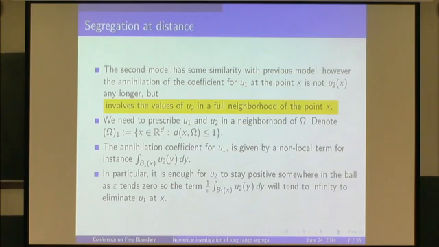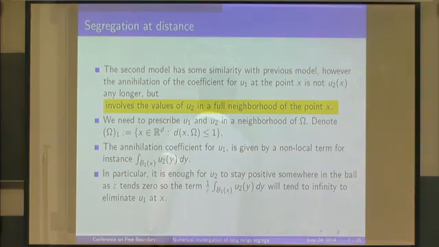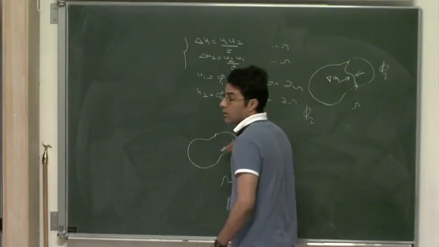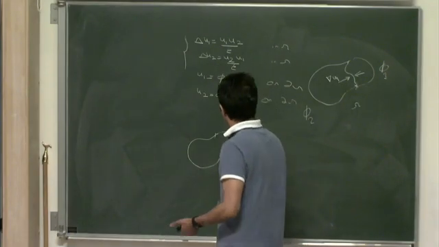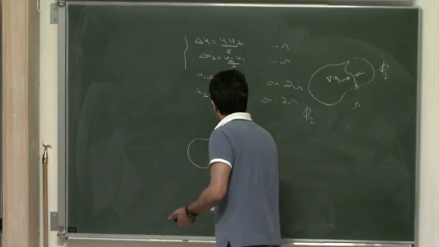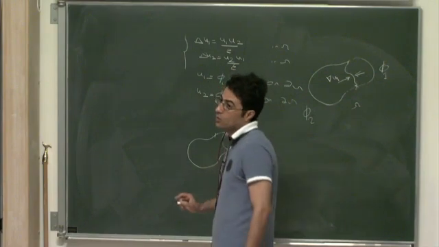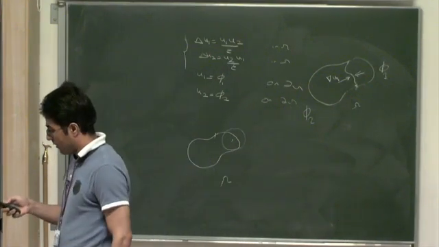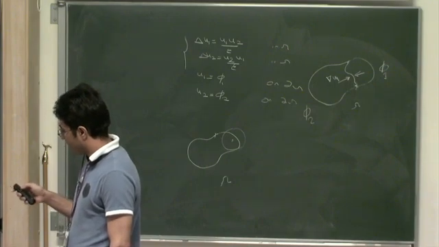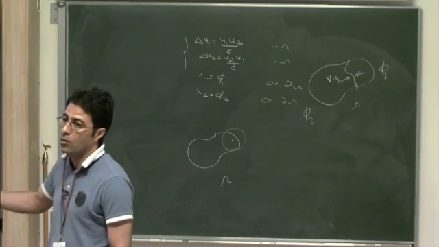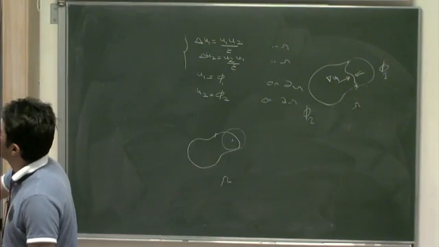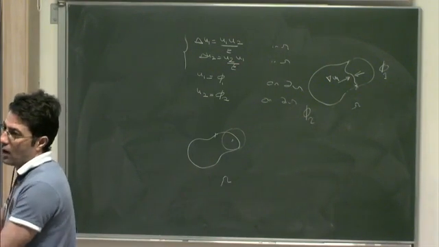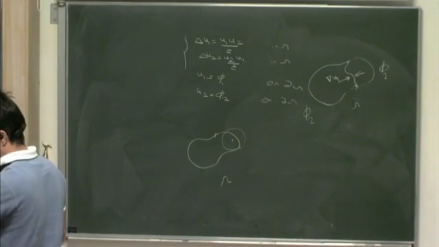So it means if this is my omega and I'm at this point, I need to have the values of u1 and u2 in some neighborhood of the point x. This is why we need some strip or some thickness around omega, which I have shown with omega 1, the set of points at distance 1 from omega.